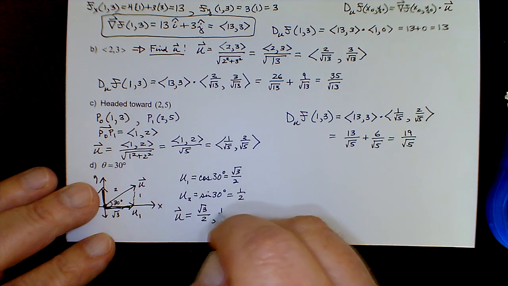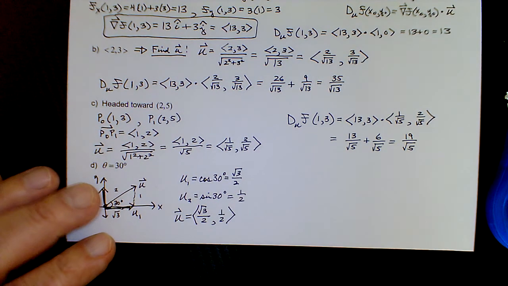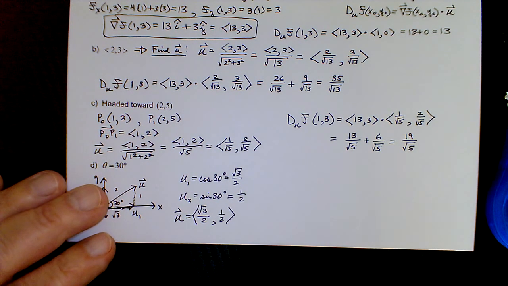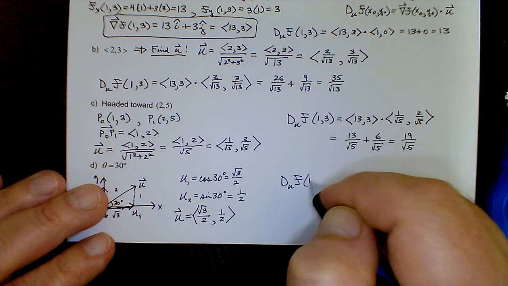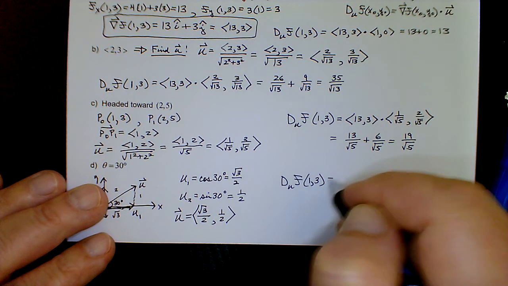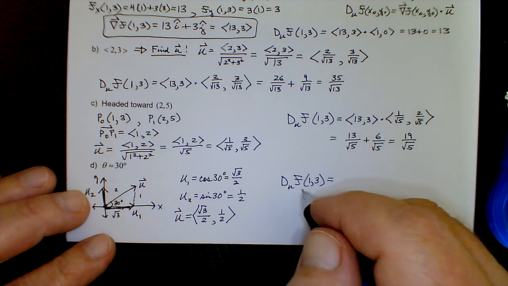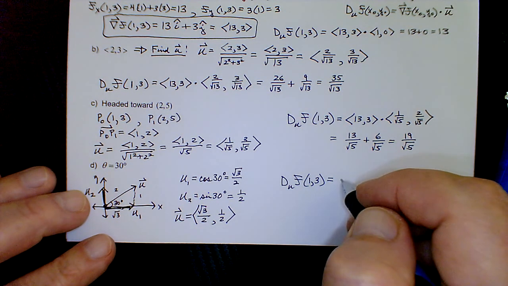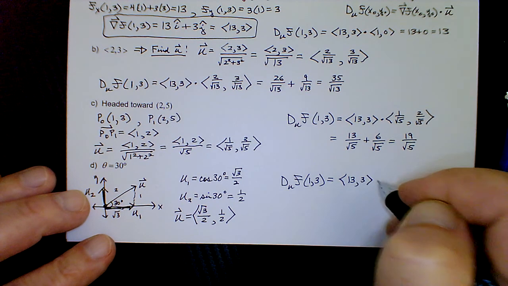Okay, so then finally, the directional derivative in the direction of that unit vector of the function at the point (1, 3) is the dot product of the gradient, <13, 3> that we've been using, times this unit vector, <radical 3 over 2, 1/2>.